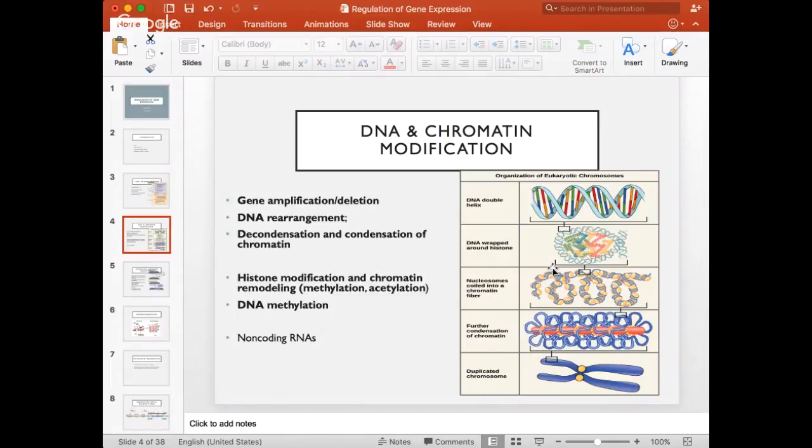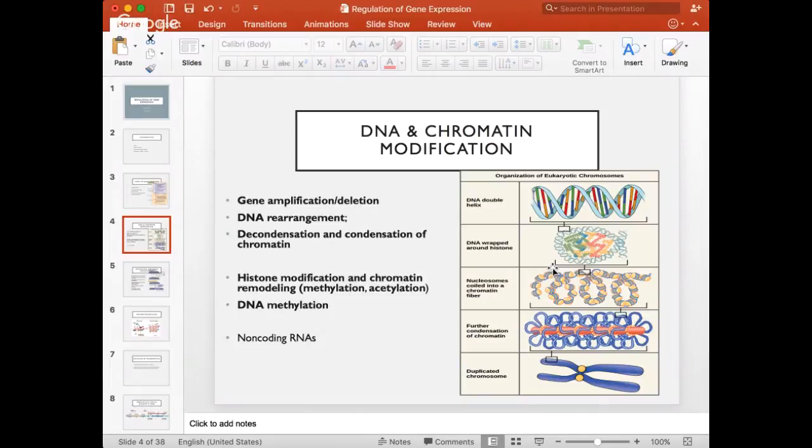The chromatin is the material of which the chromosomes of organisms are composed. So basically, chromosomes are made up of chromatin in simple words. These are ways that genes could be expressed in the chromatin.